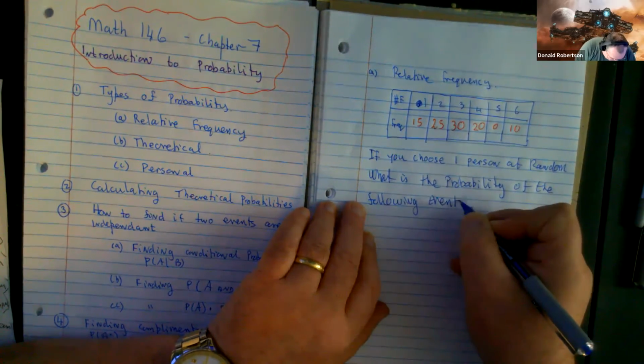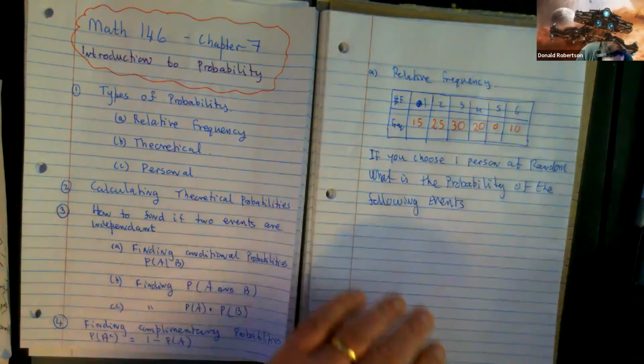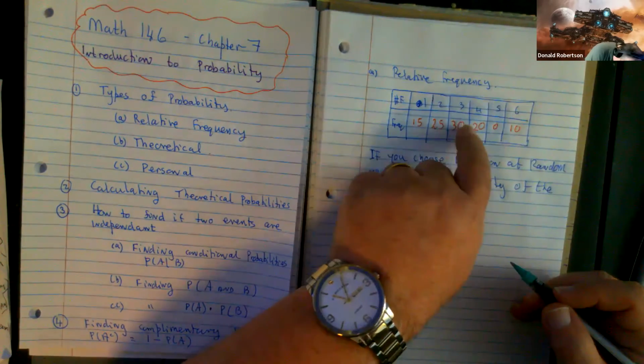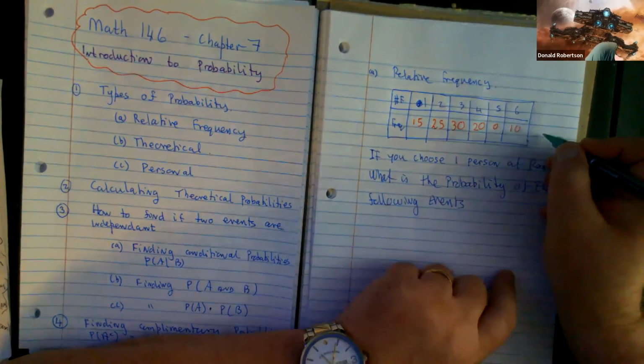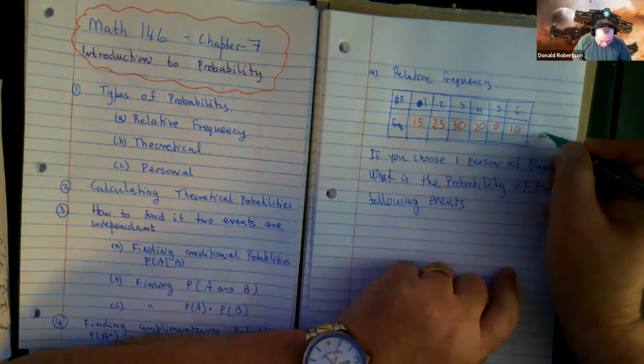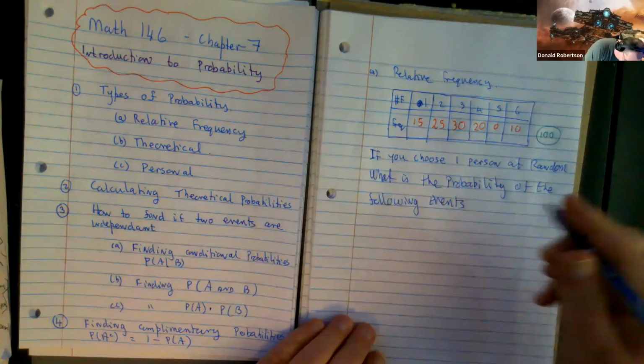So first thing I'm going to do is make sure I counted these right. 20, 30, 40, 50, 60, 70, great. A very nice number to calculate with. There's 100 people I could choose.